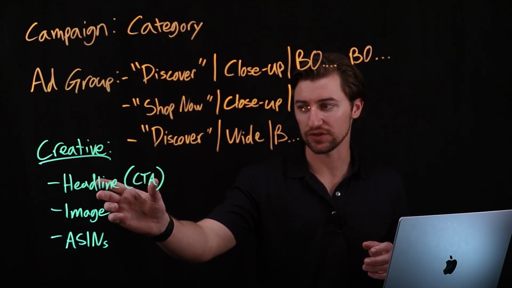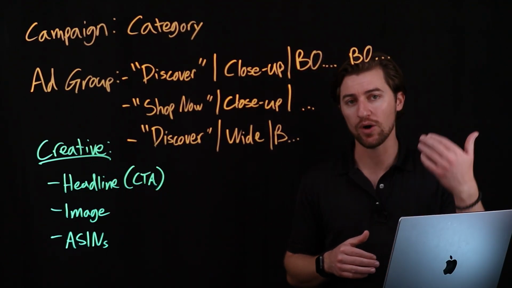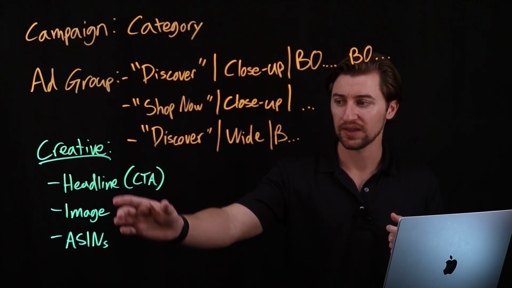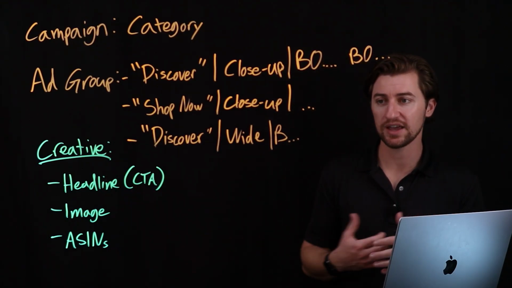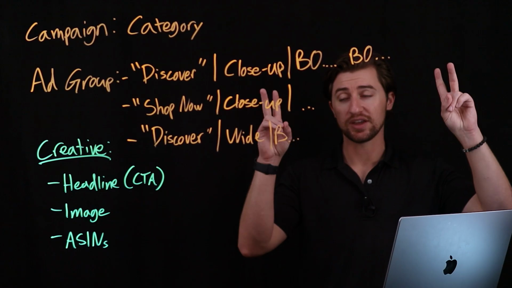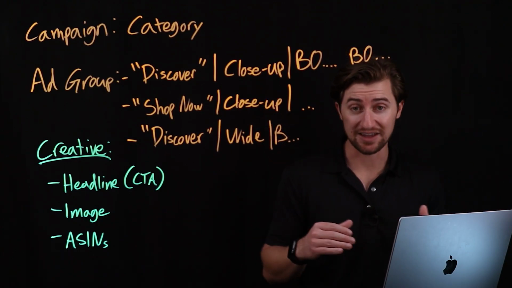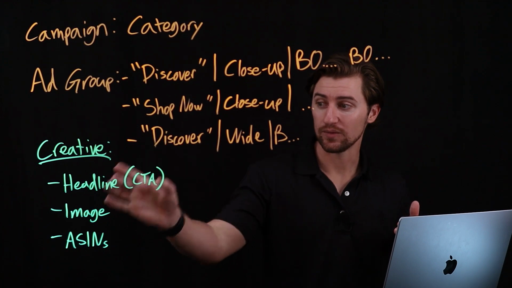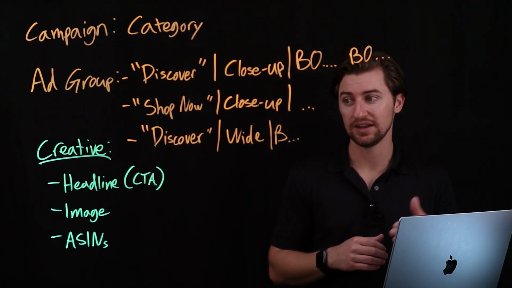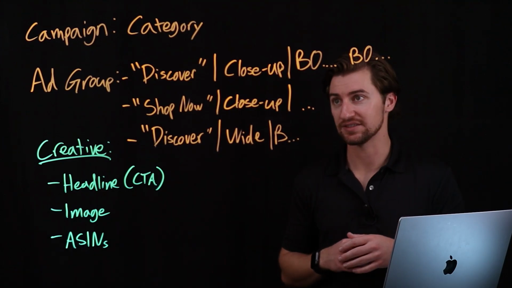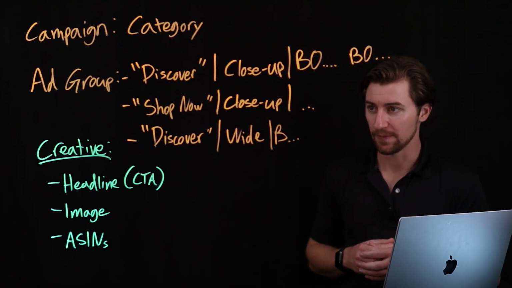Part of the goal is to improve our ad quality score by including the keyword or keyword theme in our headline. So in the example of iPhone cases, maybe we just want to go after the phrase iPhone case. Anyone typing iPhone case sees that keyword in our headline, and we say discover iPhone cases, shop now iPhone cases, really hammering it.